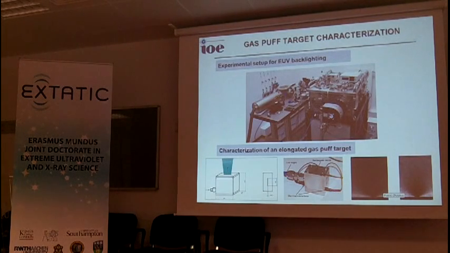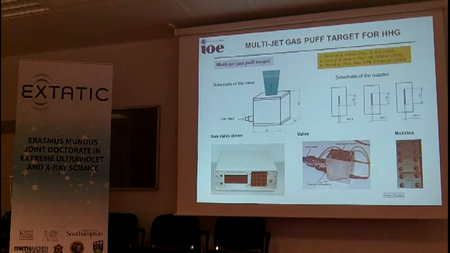And this is the experimental setup, chamber, source. This is one of the targets we have developed for laser-matter interaction experiments. It is an elongated gas puff target, up to 15 millimeters long. So you see again that this does not really resemble a jet, rather an elongated ball.